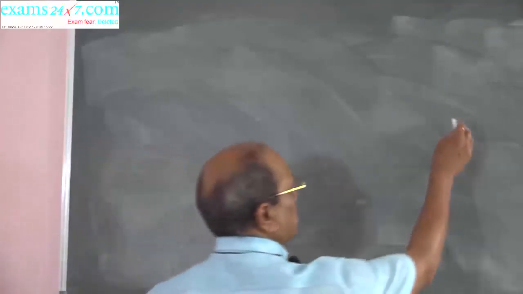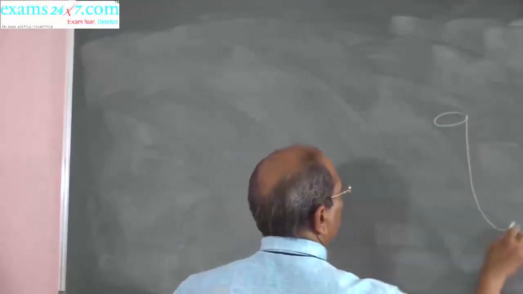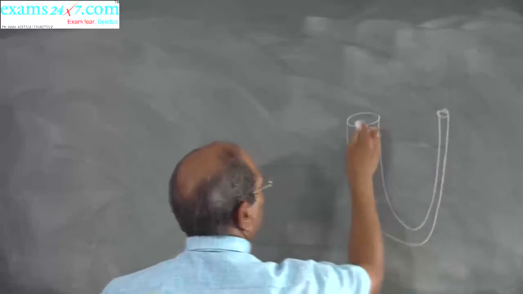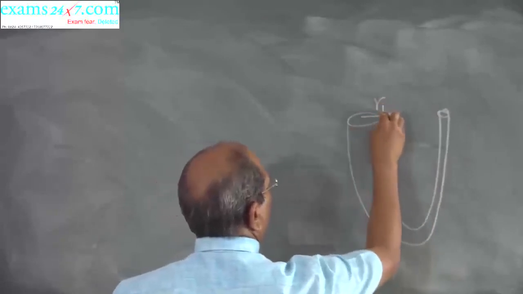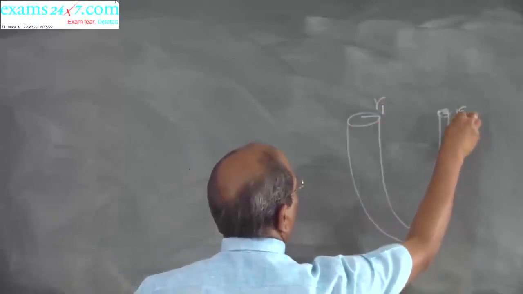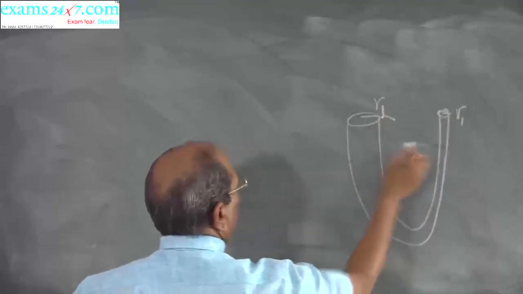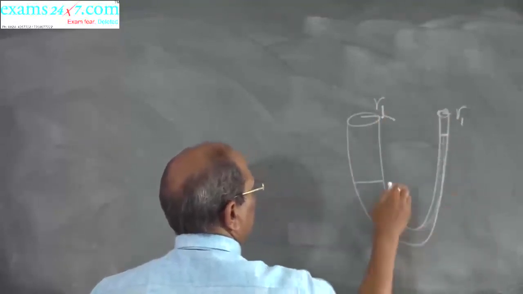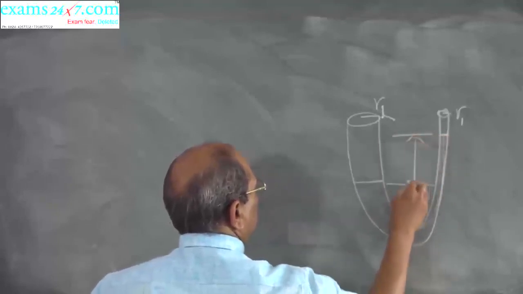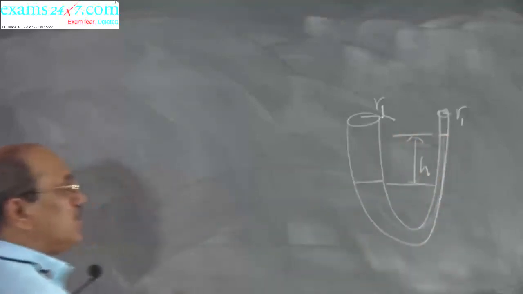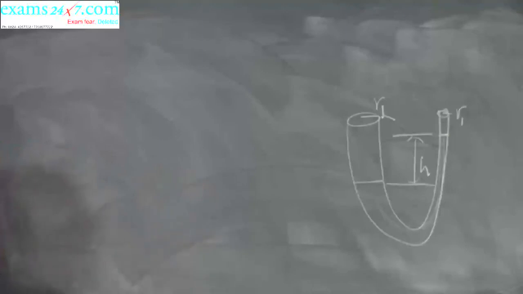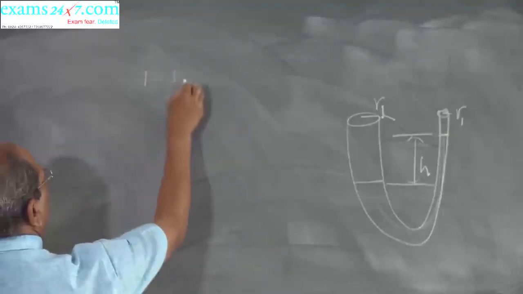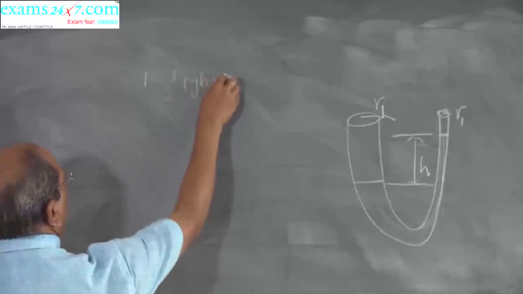Suppose we have a U-tube with limbs of different radii, one R1, the other R2, and you see there is a difference in the liquid levels. The difference of height is h. How can that height be estimated? You know the relation that surface tension T equals half rho g h r.